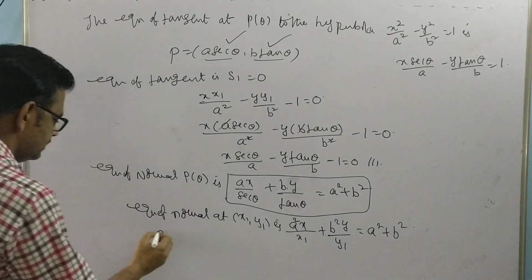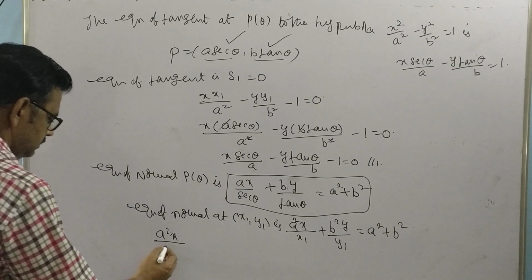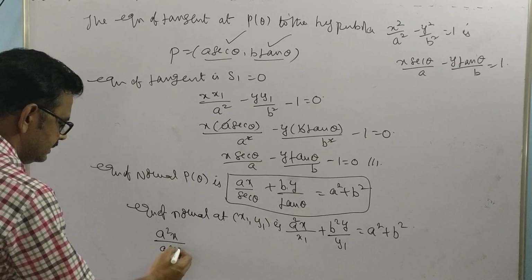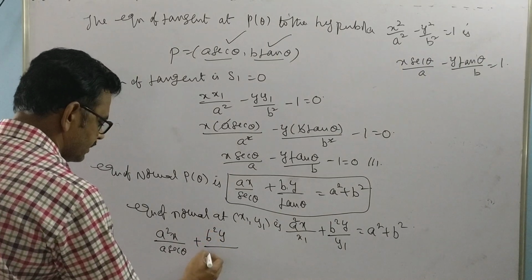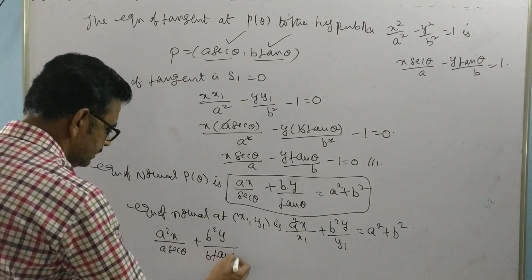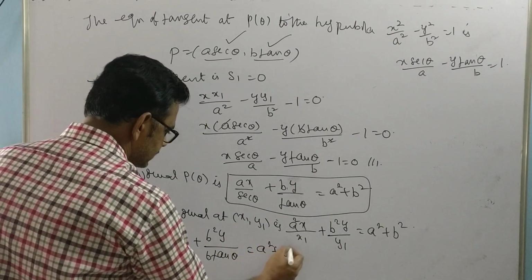Therefore that is a square x by x1, where x1 is a secant theta, plus b square y by y1, where y1 is b tan theta, is equal to a square plus b square.